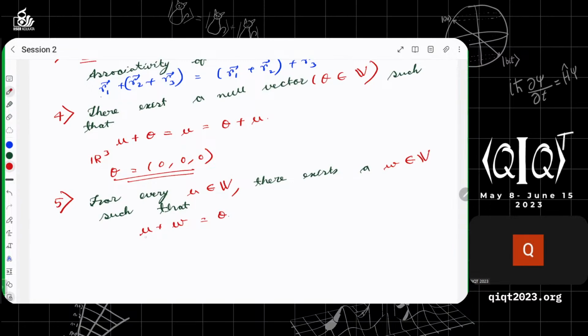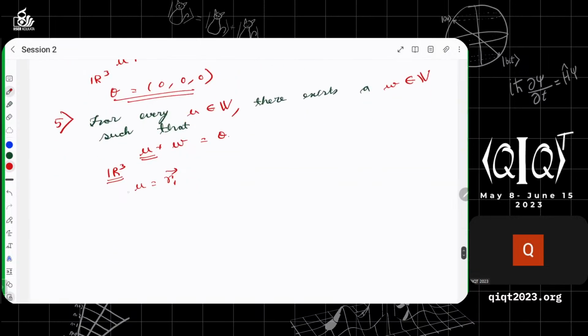That is, if you have some vector, again if we take the example of R3, so let's say you have a vector which is R1 vector. So there is always a w which is minus R1 vector, so that when you add these two, you get theta, the null vector. And the null vector here is the origin, so 0, 0, 0.